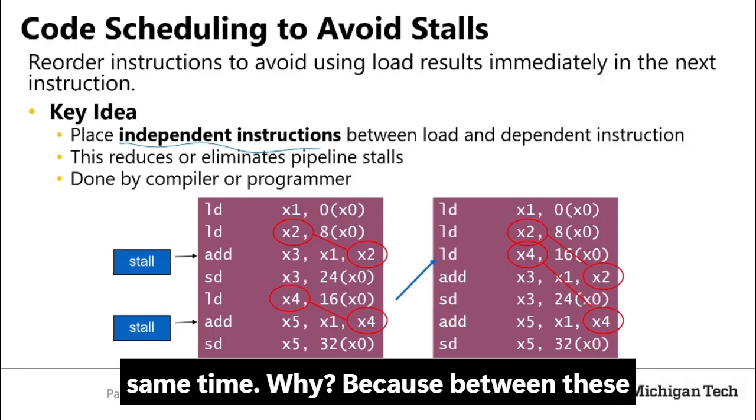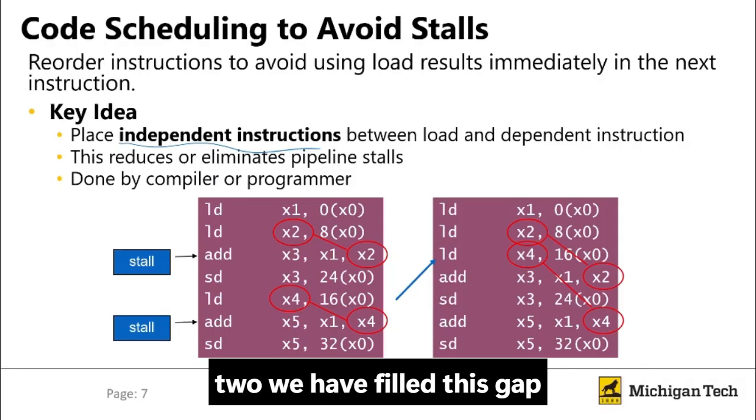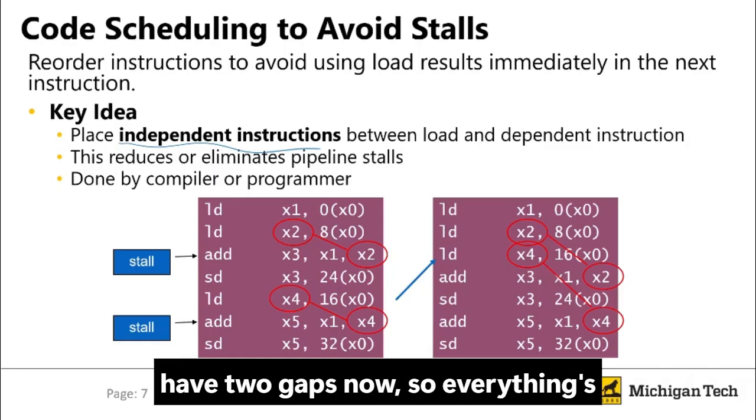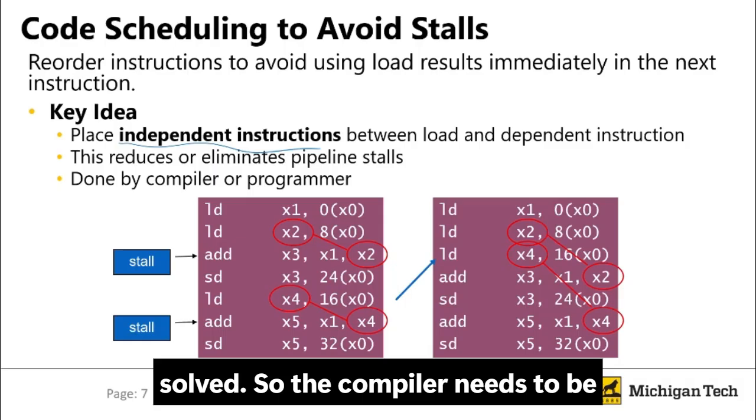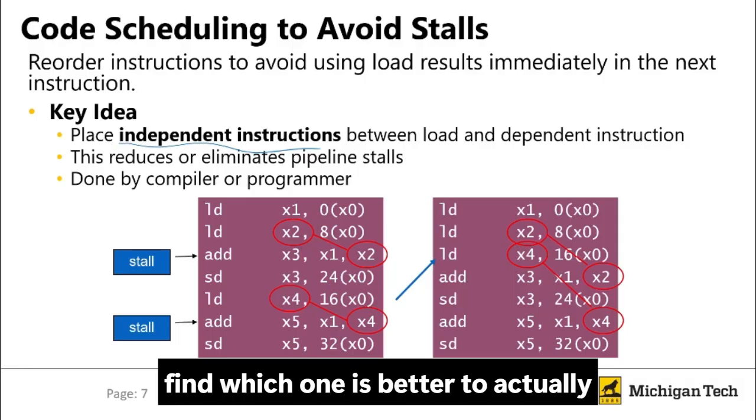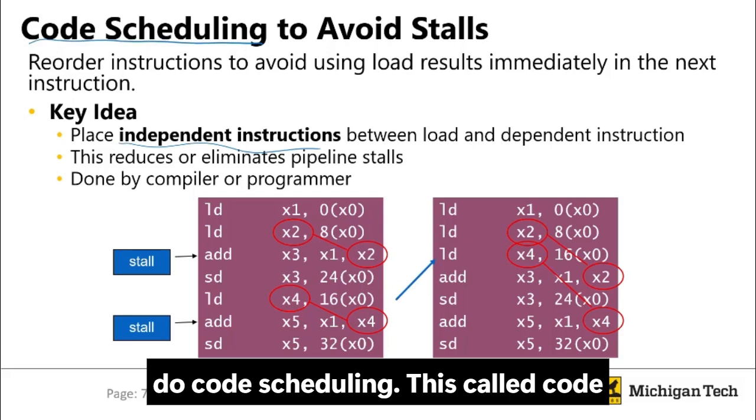Why? Because between these two we fill this gap, and between these two also we have two gaps now. So everything's solved. So the compiler needs to be smart enough in this case to find which one is better to actually do code scheduling. This is called code scheduling.